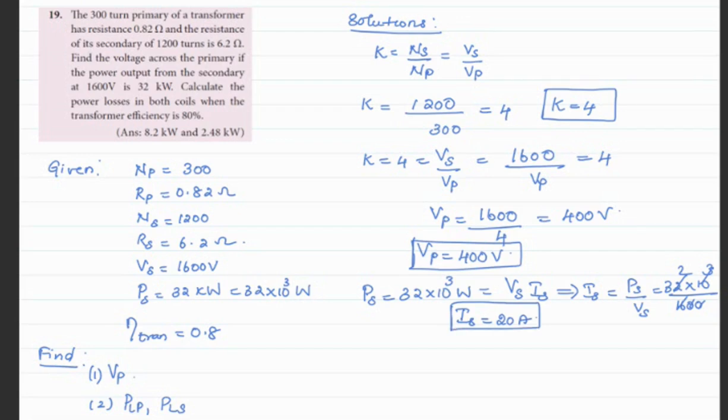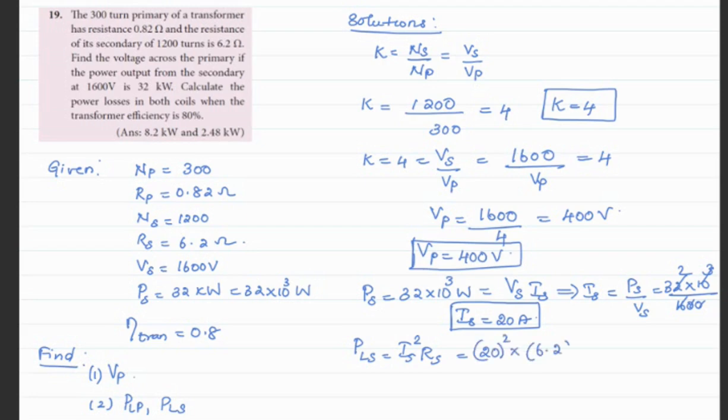Now let us calculate the power loss in the secondary. We call the power loss the I square R loss. So the power loss in the secondary is Is square into Rs. Is square is 20 square, into the resistance in the secondary, 6.2.